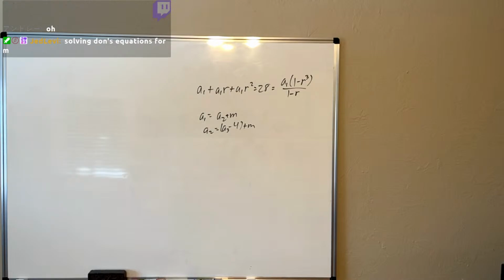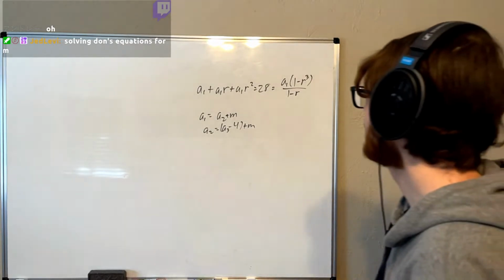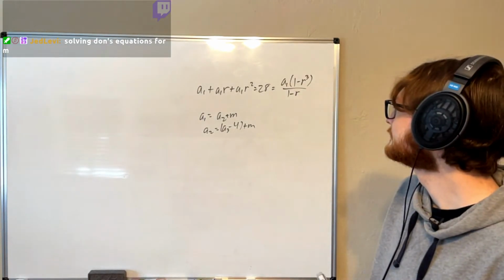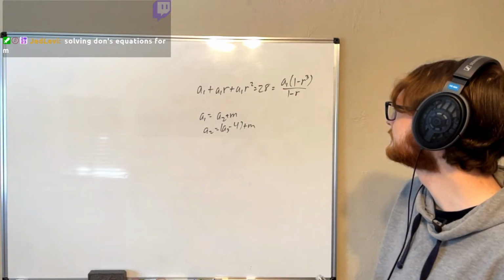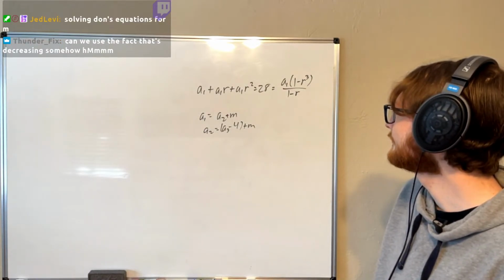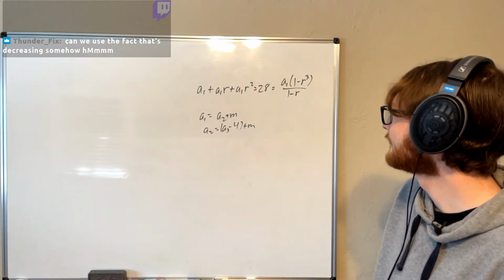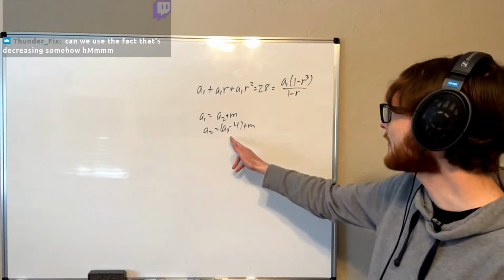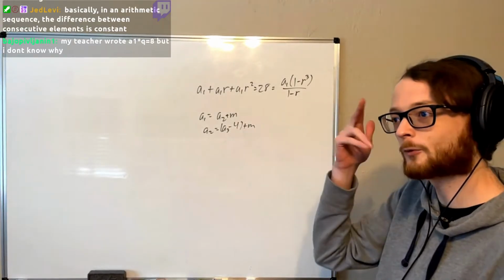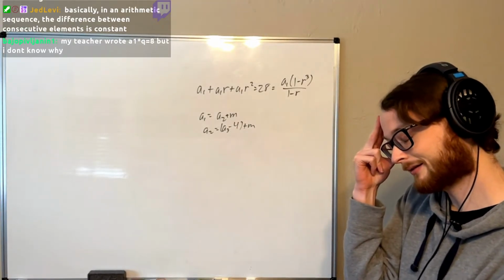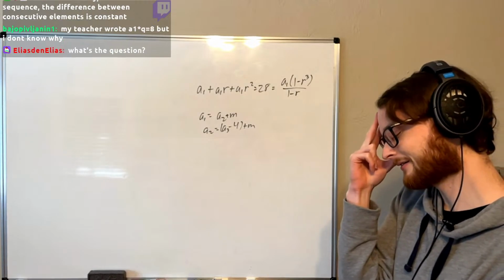I don't know what that necessarily does for you, but you can do it. It's decreasing. I feel like there's some intuition with the 4 there and having to be a geometric series as well. I'm just missing it.